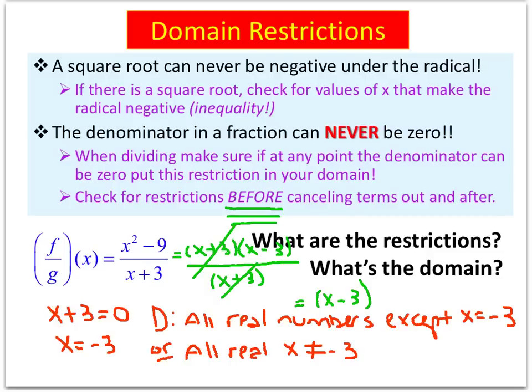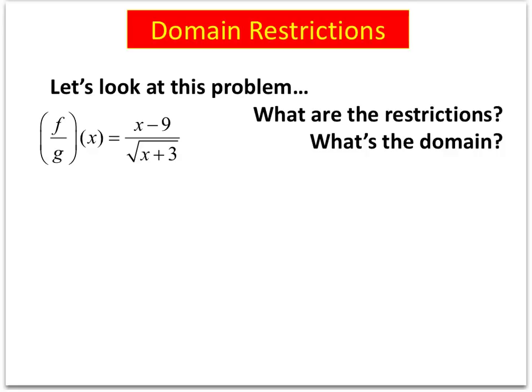So either you use the word except and then you put equal to, or you just say x is not allowed to be that number. So even though if I went and graphed this quotient function here, I would get what looks like a line, I still have restrictions because my original function before I divided out had a value that would make the denominator equal to 0.